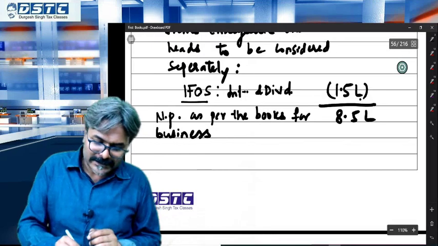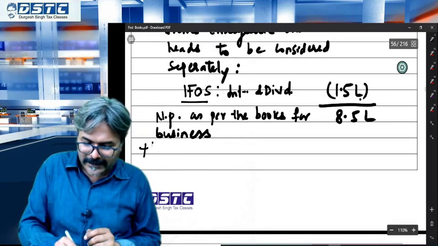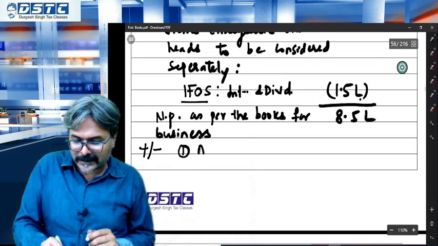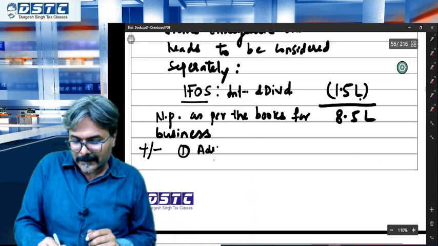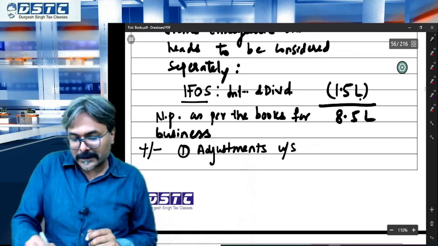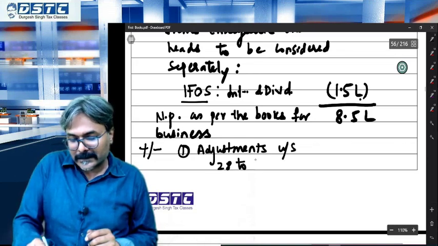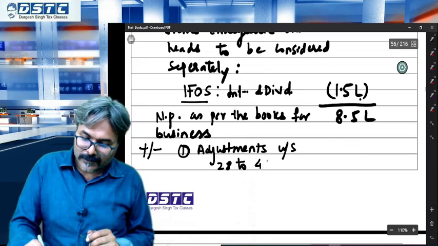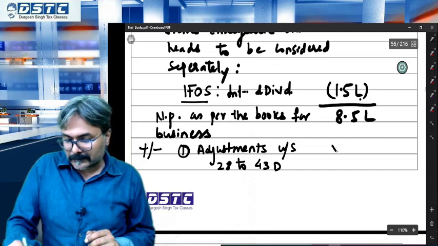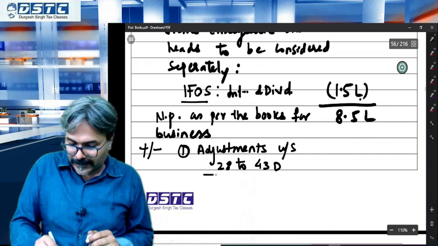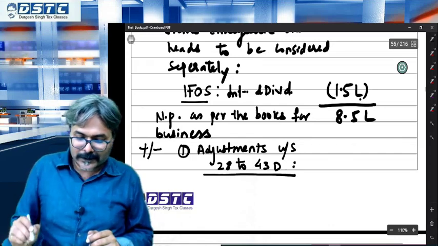And thereafter, students, what do you do? Remember what you used to do thereafter? You used to add or less. Primarily, here is the adjustment: adjustments under section 28 to 43D.